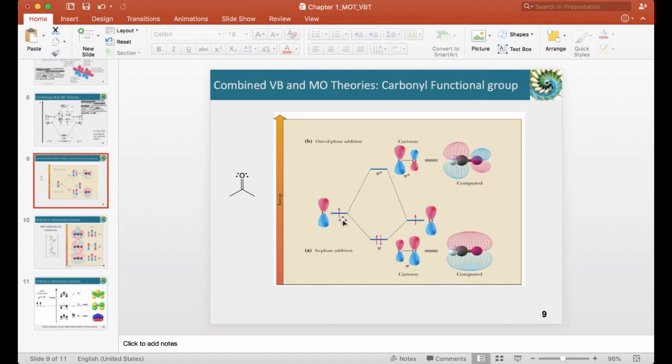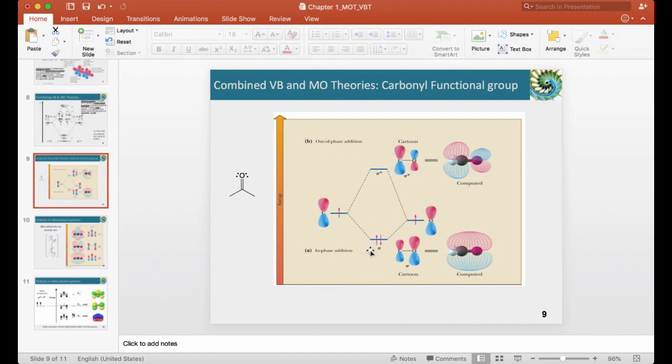Here is the p orbital once again. Now in this picture, I am only showing the pi bond because, as I said before, there are 3 sigma bonds, one here, one here, one here. The sigma bonding will be below here in energy. We don't care about them anymore. So let's focus on the pi, which are the higher in energy, and those who are participating in reactions.